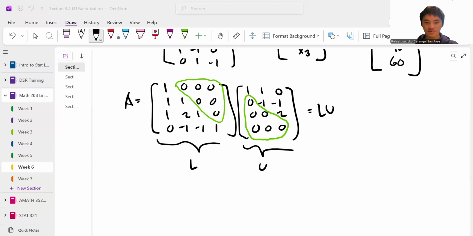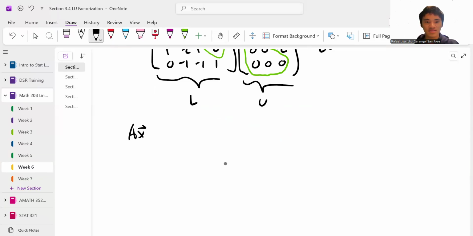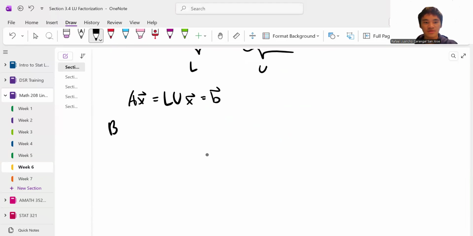That's the LU factorization. So Ax could be written as LUx, and that whole thing is b, which looks more complicated, but actually allows us to break the problem into two systems.